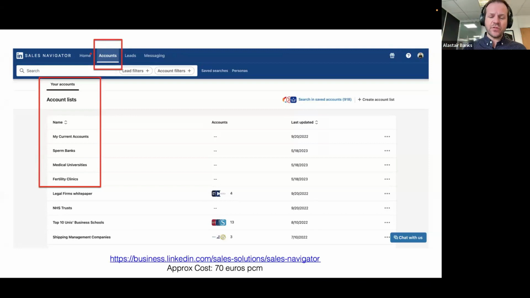It starts with one of the most important tools to have, in my opinion. It's also not cheap. It's called Sales Navigator. It sits on top of LinkedIn, as part of LinkedIn's suite of products, and they charge somewhere between about 70 and 90 euros a month.